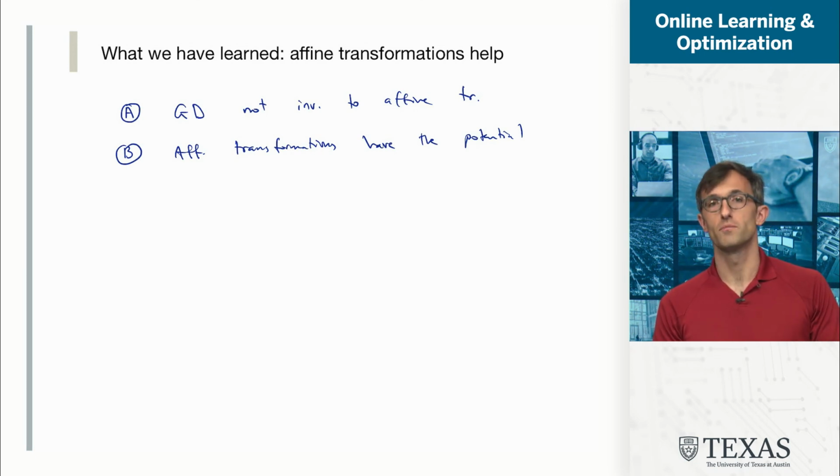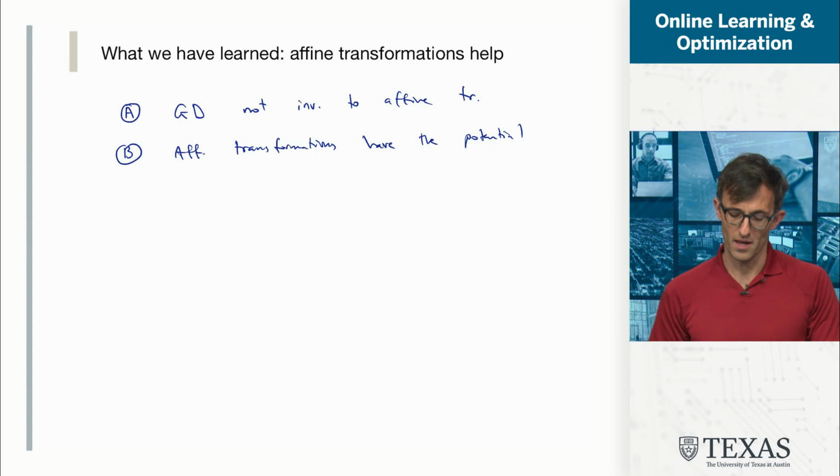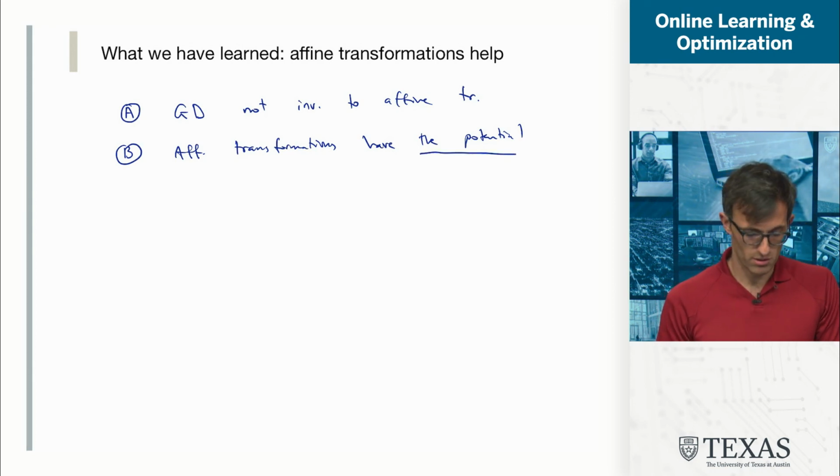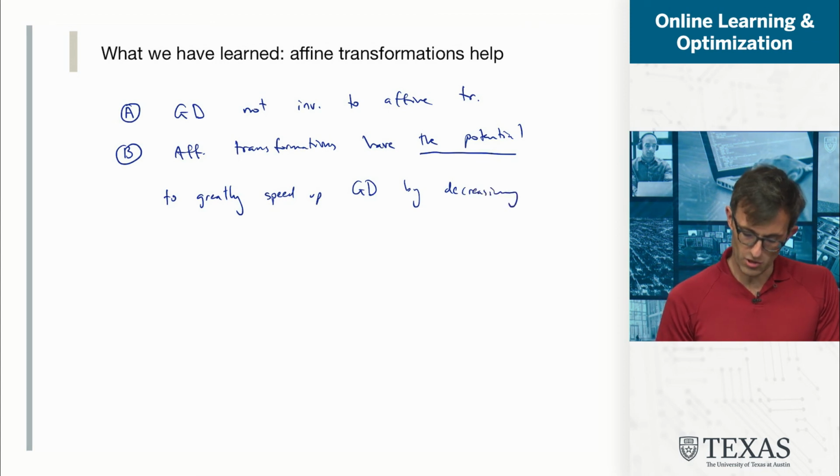We could have started from G and done a transformation and ended up with F. It's not that any transformation is going to help. But affine transformations have the potential to greatly speed up gradient descent by decreasing the condition number, kappa equals beta over alpha.